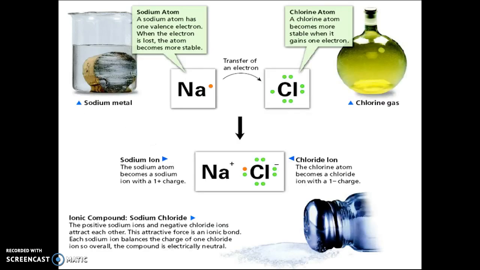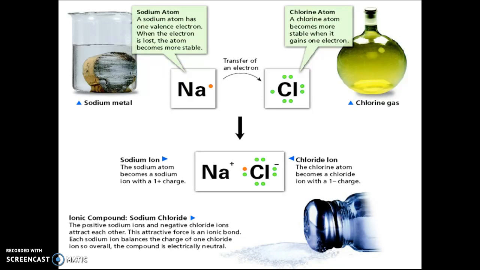Here's an example, again, using sodium and chlorine. You can see from the dots there that sodium has one valence electron. It makes it very unstable. It would like to get rid of that valence electron. Chlorine, on the other hand, has 7 valence electrons and would like very much to steal away one electron from somewhere else in order to get to 8.